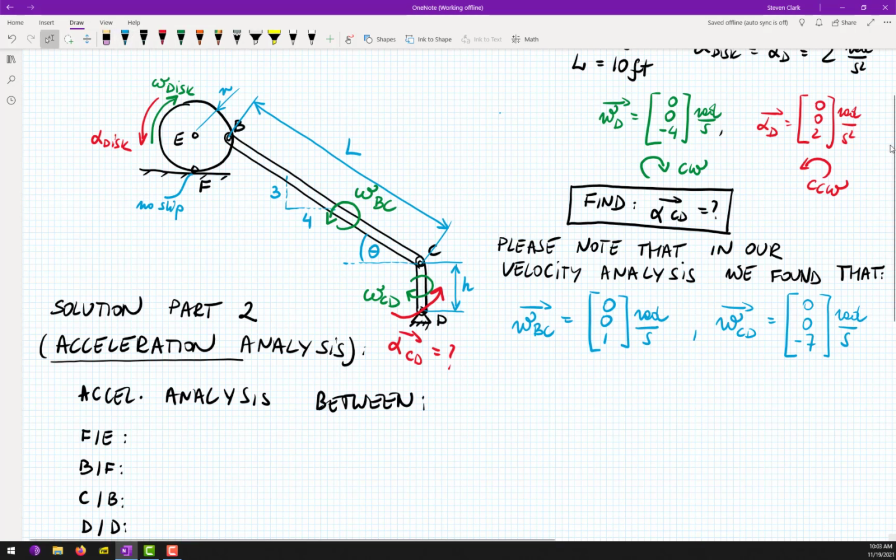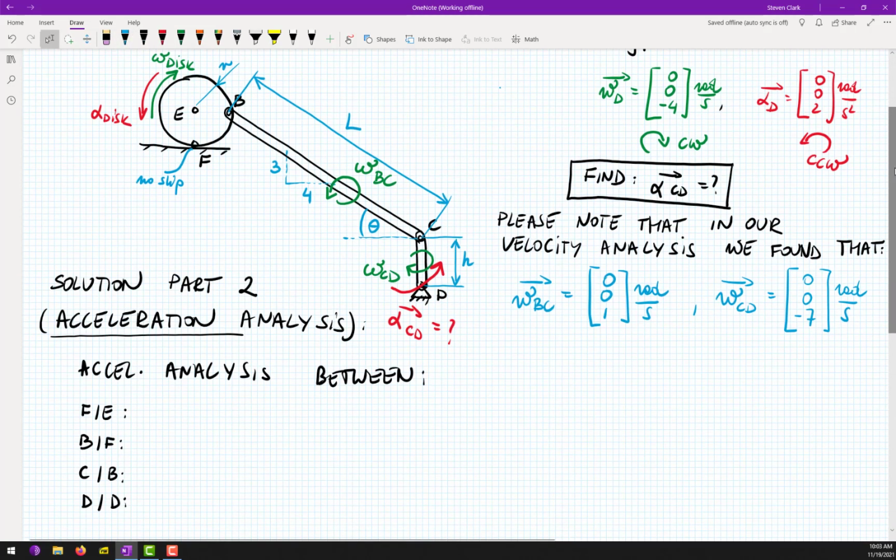I will just follow this linkage and draw it in the picture. We will start from here, go here, then here, then here, and we will end up here.